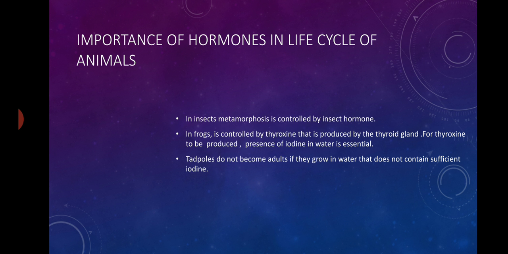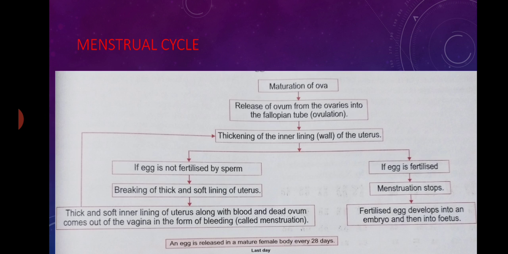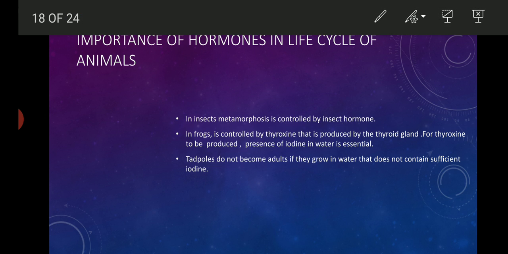So, the importance of hormones in the life cycle of animals. We have learned about metamorphosis in insects and in frogs in our previous chapter. In insects, metamorphosis is controlled by insect hormone. Insects release a special type of hormone known as insect hormone.